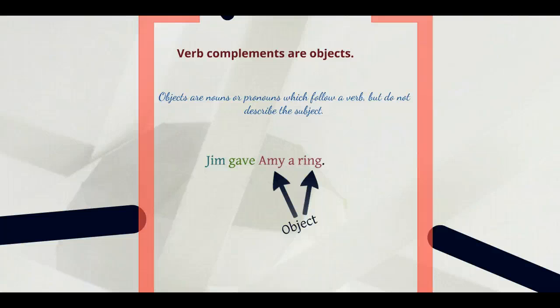So you can see our sentence, Jim gave Amy a ring. So now we can be specific. Because we know the verb complements, we can say that Amy and ring are both objects. And now each of them are a different type of object. So just like we have two types of subject complements, we have two types of verb complements.